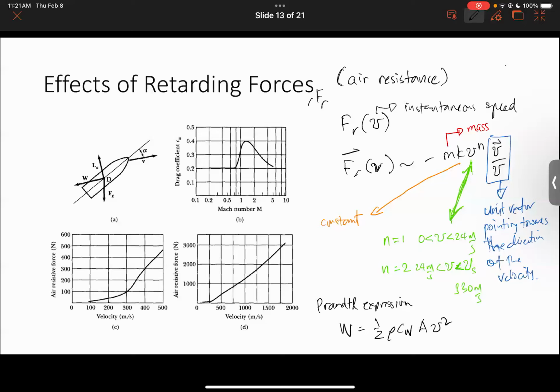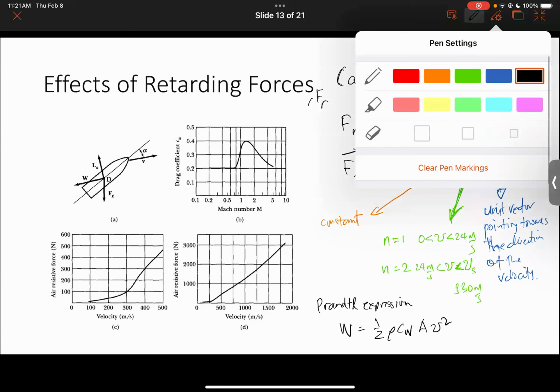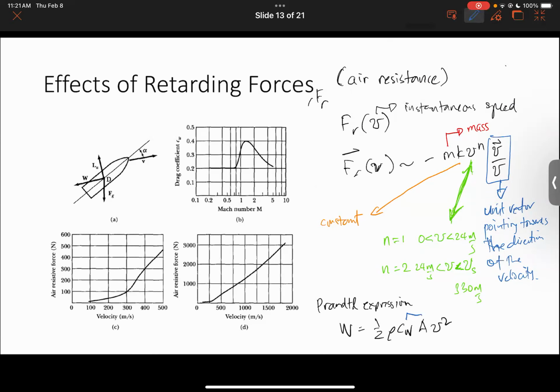Okay. Tapos itong CW na to is a dimensionless drag coefficient. So yung CW, so this is a drag coefficient. Okay, it's dimensionless, and yung drag coefficient na yan depends actually on the speed of the object.